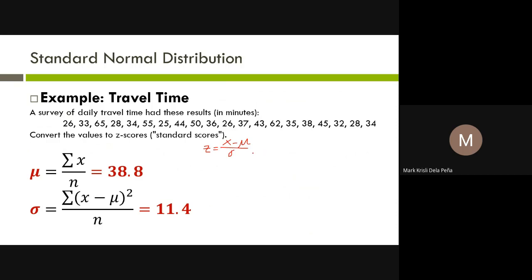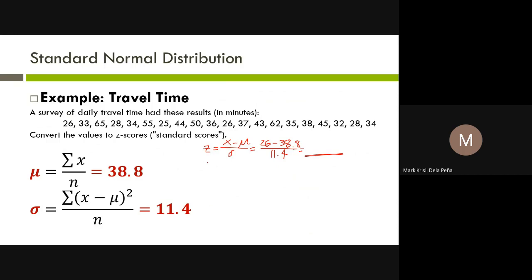Say, for example, for x equal to 26, subtract our mean, 38.8, and divide by 11.4. Since our x here is less than the population mean, we expect to get a negative value. So what do you think is the answer to this one? It should be a negative value.